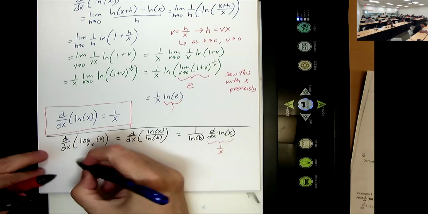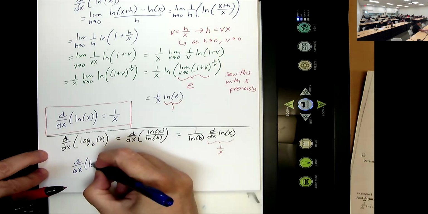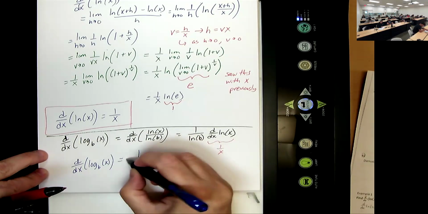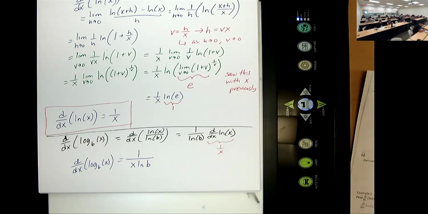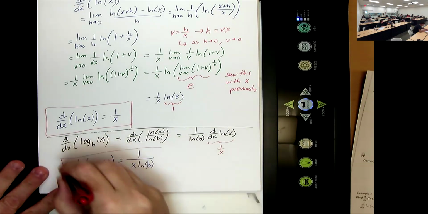So d/dx of log base b of x is 1/(x natural log of b). That's our other version.